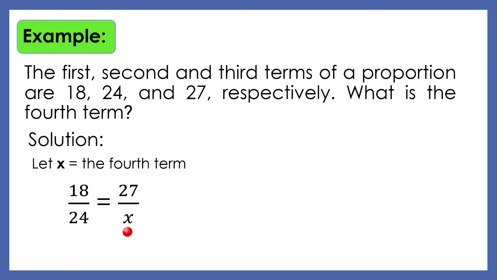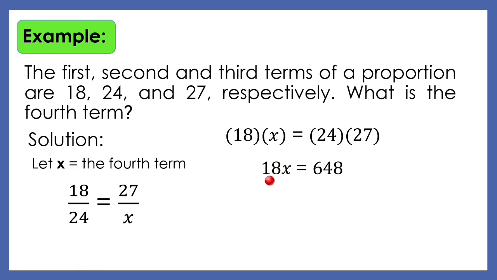Our means are 24 and 27, while the extremes are 18 and x. Therefore, we have 18 times x equals 24 times 27. The product of the extremes is equal to the product of the means. Then let's simplify: 18 times x is 18x, and 24 times 27 is 648. We have 18x equals 648.